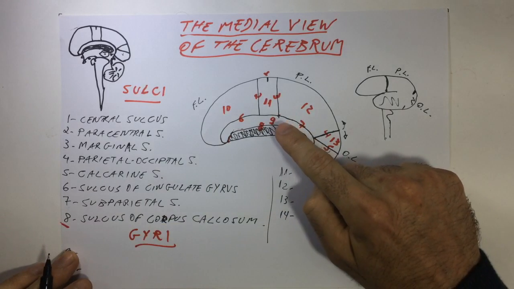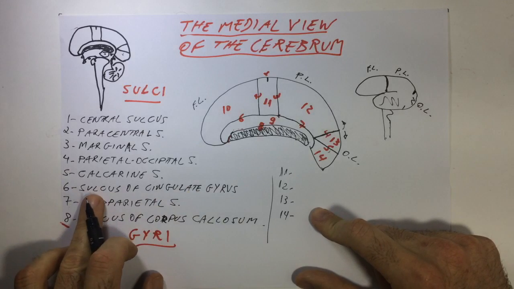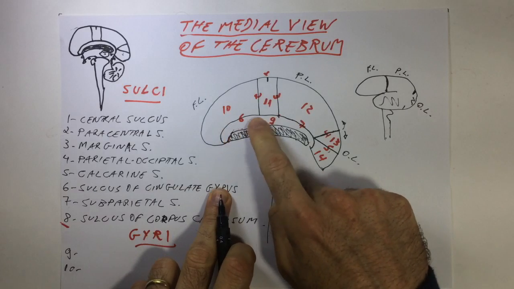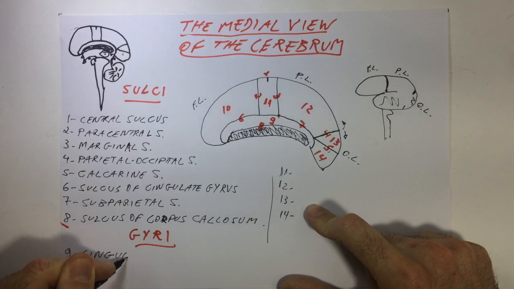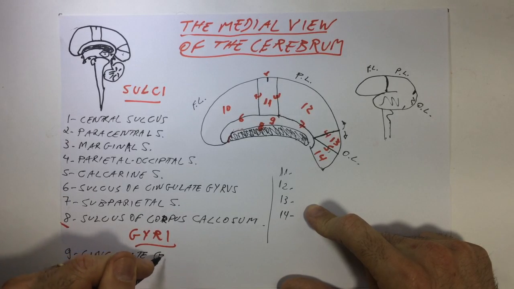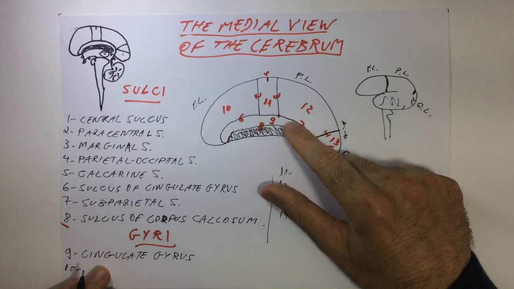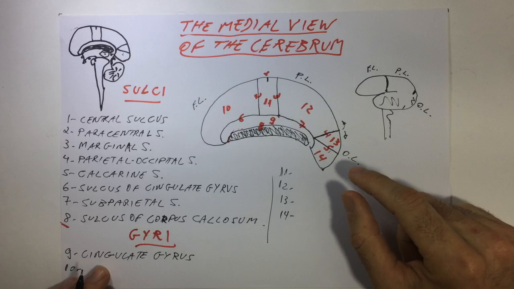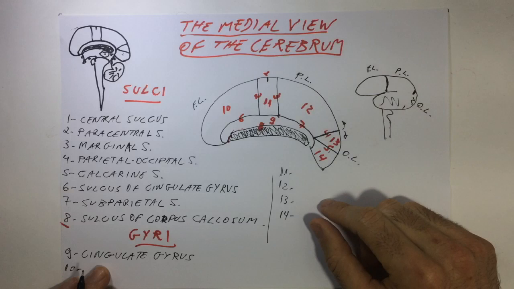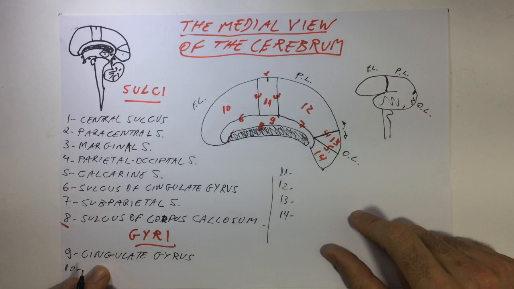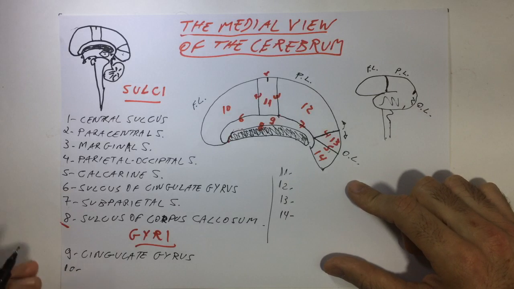So 9, that would be very related to the sulcus here, the cingulate gyrus. That is actually one of the gyri related to the limbic system. So one of the structures of the brain related to emotions, and also related to memory. So the limbic system, cingulate gyrus.